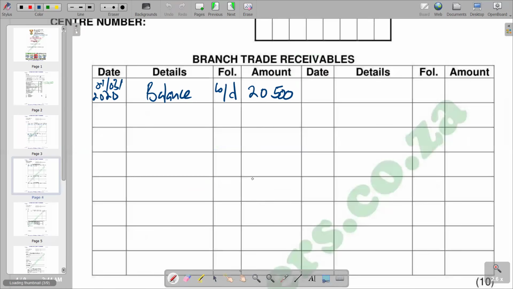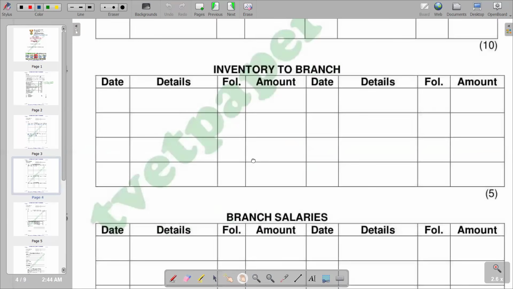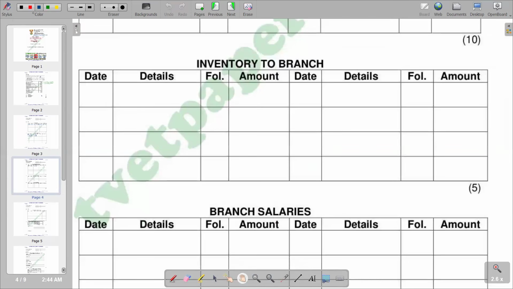So we look for the inventory to branch account. We're having it here, and so we go to the inventory to branch, whereby we go to the credit side. And remember, the applicable date is going to be at the end of the year. So on the date, we're going to see 28/02/2021.